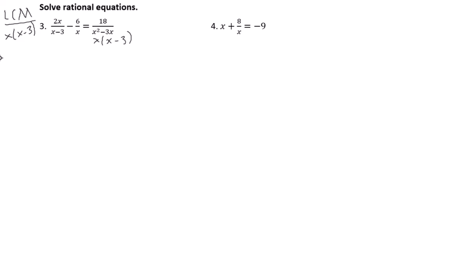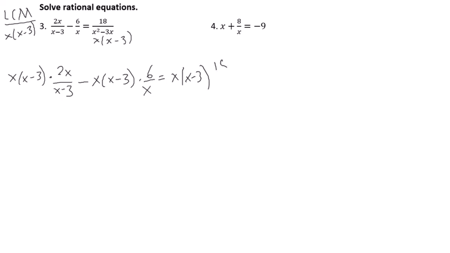So we need to multiply each term by this LCM. We're going to multiply the first term, minus, multiply the LCM by the second term, and we need to multiply by the term on the right side, the 18 on top and the x squared minus 3x on bottom.